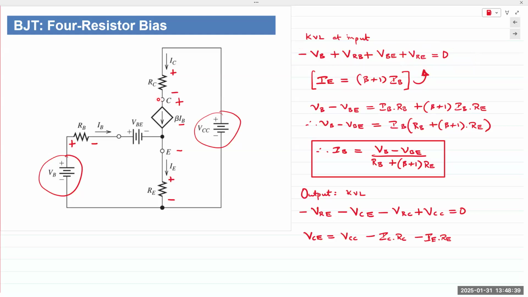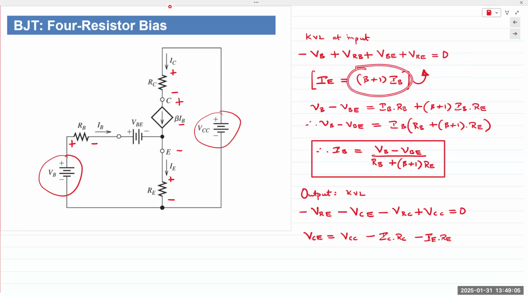We obtain this equation for the input. On the input side, we can plug in IE is beta plus 1 times IB. IE is the sum of IB and IC, right? So it's IB plus IC. IC is beta times IB. So it's IB plus beta times IB. You rearrange the terms.